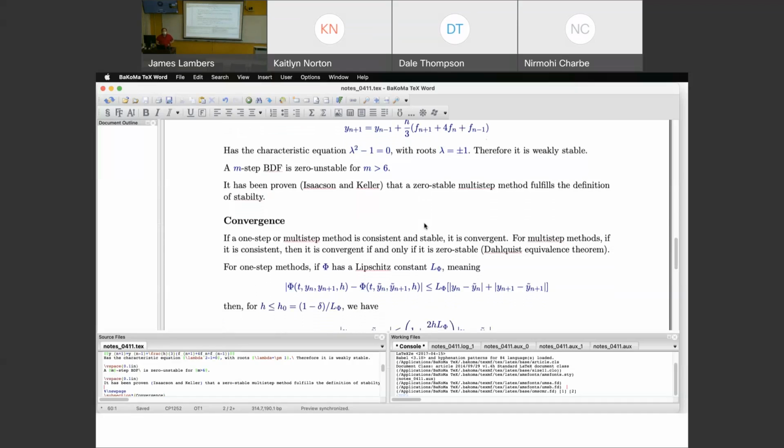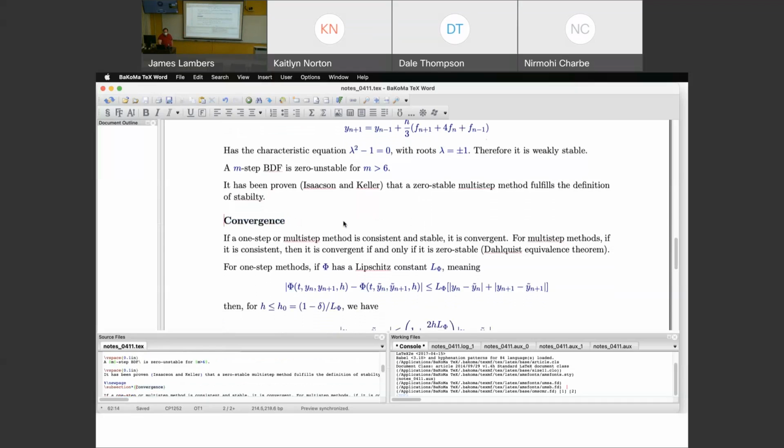So now that we know how to check whether a one-step or multi-step method is consistent and whether it is stable, we get to what we're really after, showing it is convergent. In a nutshell, you want consistency and stability. If you show that such a method, one-step or multi-step, is consistent and stable, then you know that it is convergent.